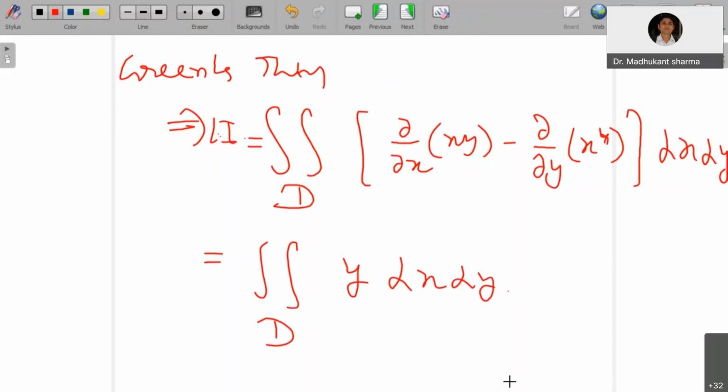Now the limits of D, you can find out. Okay, it's a triangle, so this is x plus y equals 1. X is running from 0 to 1, and y is running from 0 to 1 minus x. Okay, it's very simple to obtain the limits.